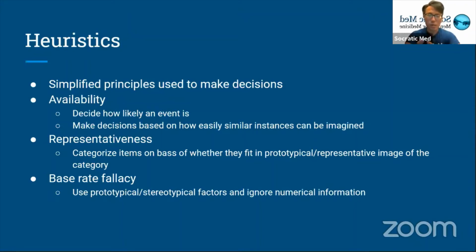So, the representativeness heuristic is when you categorize items on the basis of whether they fit a prototypical or representative image of the category. When you're given a certain concept or topic, you automatically think of the prototypical or stereotypical representative of that category.